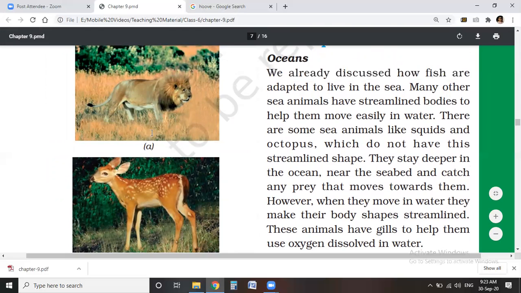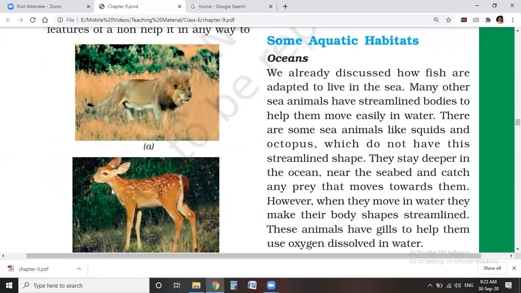But when we talk about the eyes of both animals, they have eyes either on the front of the face or on the side of the head. The lion has eyes on its front side to see its prey, like a deer, very clearly and to locate it very clearly.